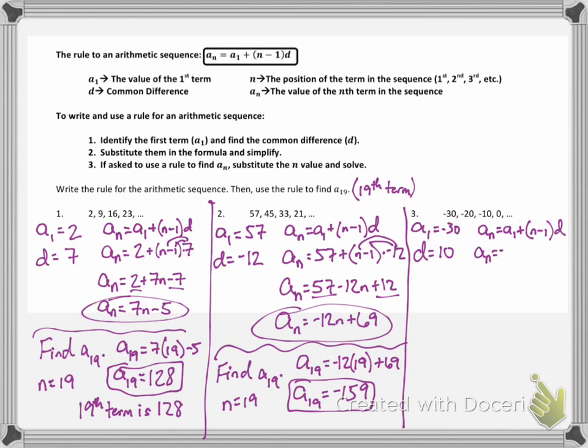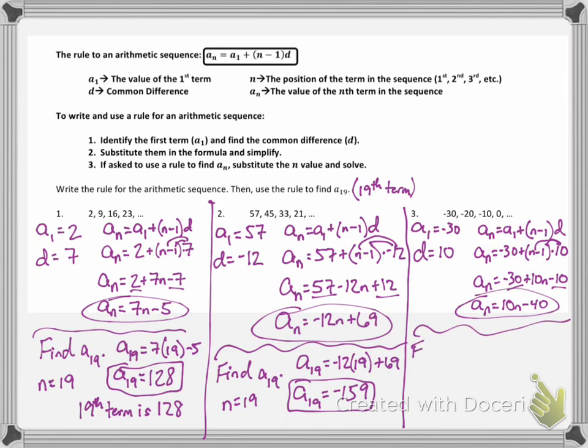Plug in A1. Plug in D. We're going to distribute that 10. So I'll have negative 30 plus 10n minus 10. Combine your like terms, and you'll have a sub n equals 10n minus 40.